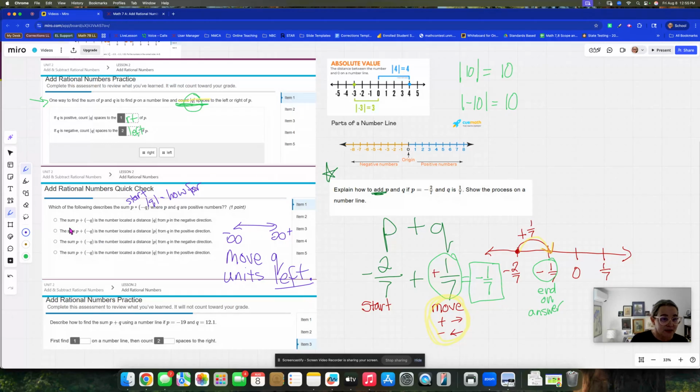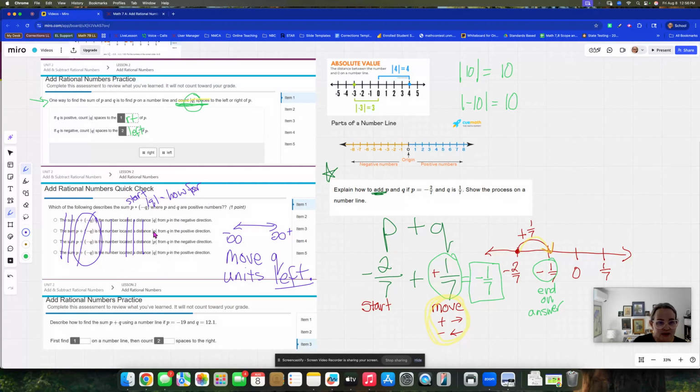So like, see the sum, this is all the same. These are all the same, P plus negative Q. The number is located a distance. Now we have differences here. The distance: was the distance P or was it Q? Oh wait, it was Q, right? Because I already said P was the starting place.